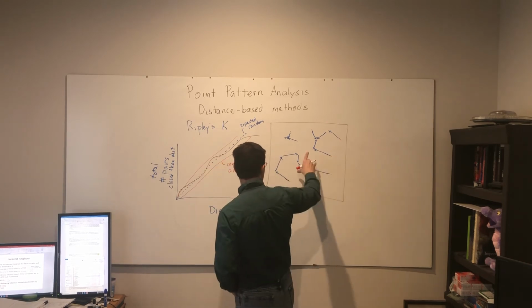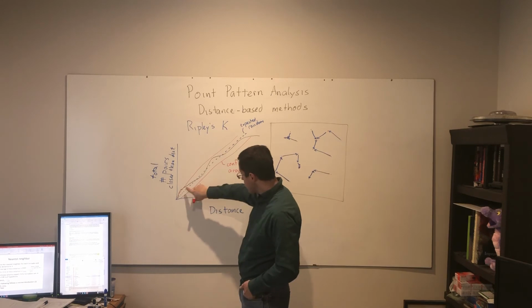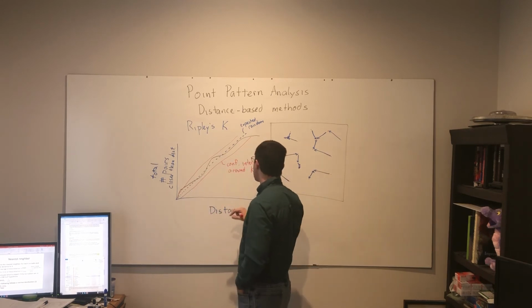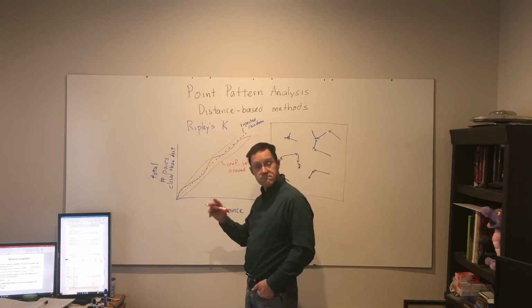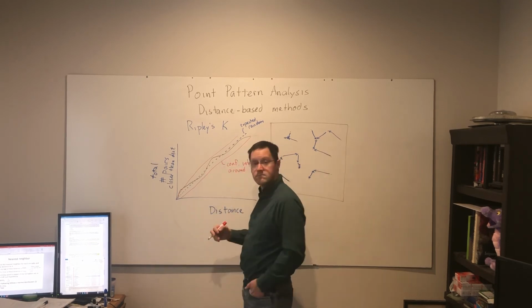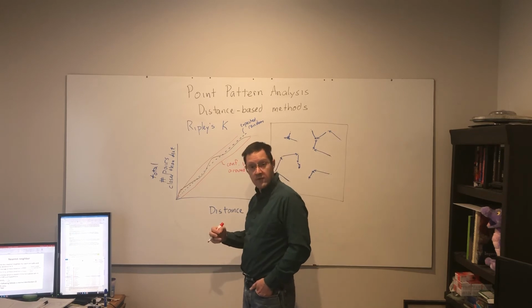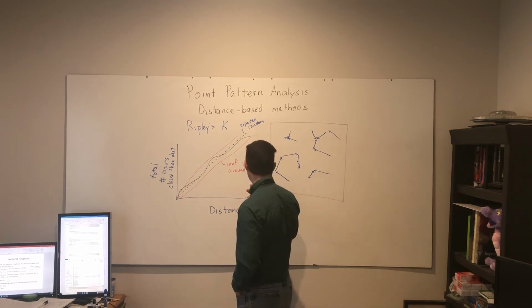So for most of what I have here, this green line is mostly inside and is therefore a randomly distributed set of points.